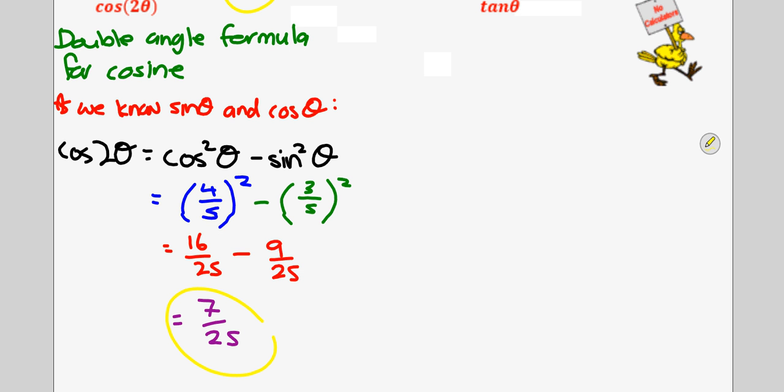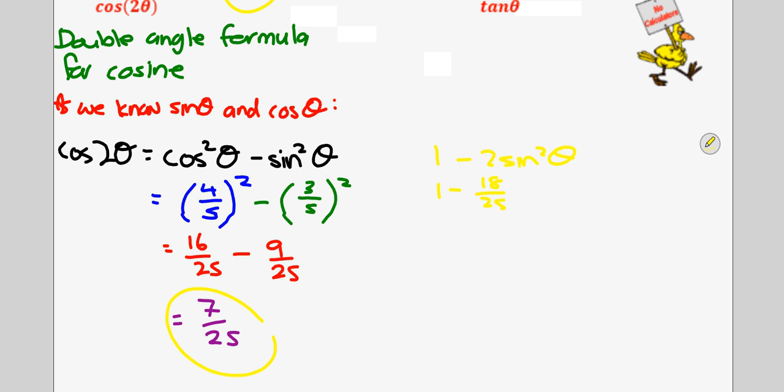So you get 1 minus 18 over 25, because sine squared theta is that, double it, it's that. And what's 25 over 25 minus 18 over 25?